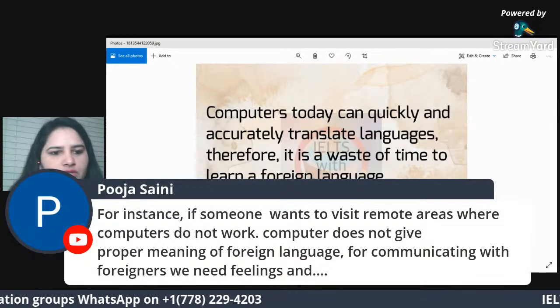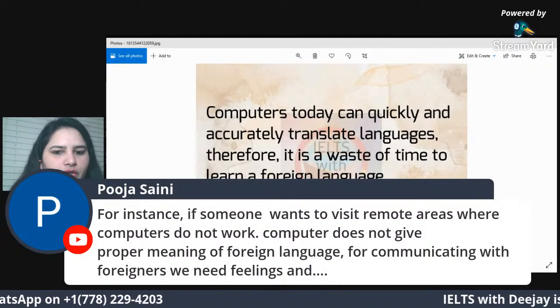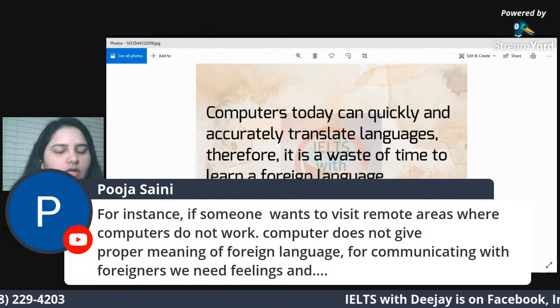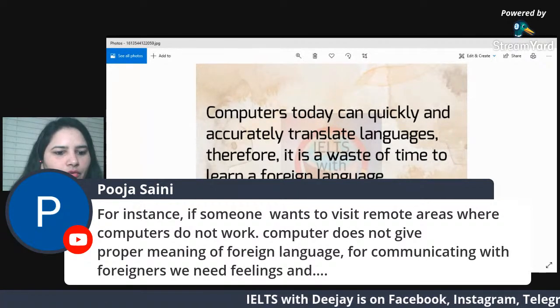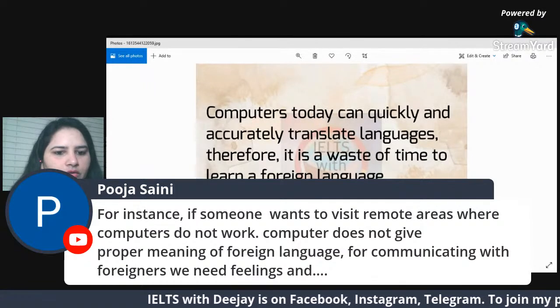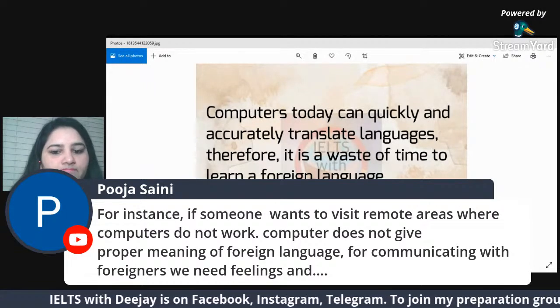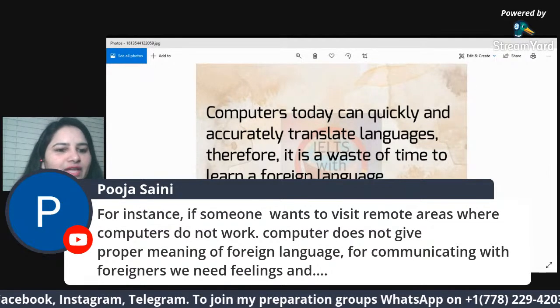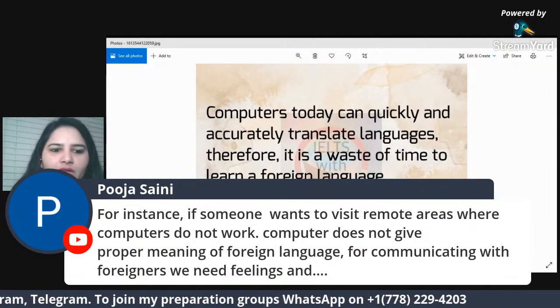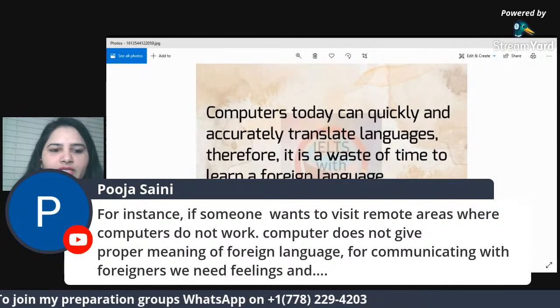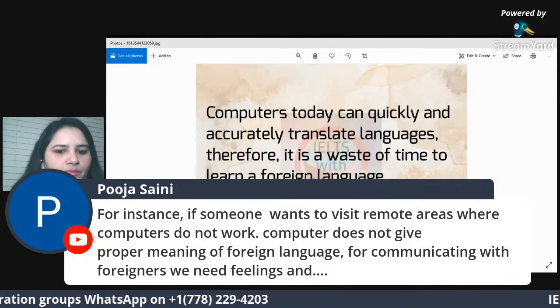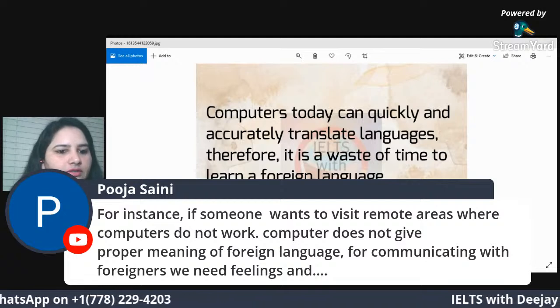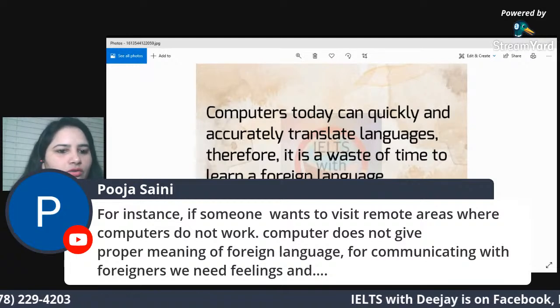For instance, if someone wants to visit remote areas where computers do not work, the computer does not give the proper meaning. For a foreign language, for communicating with foreigners, we need feelings. Very good. This is a good example. Yes, you can say that. Because when we are talking to someone, we need to explain a lot of things, which translation cannot do.